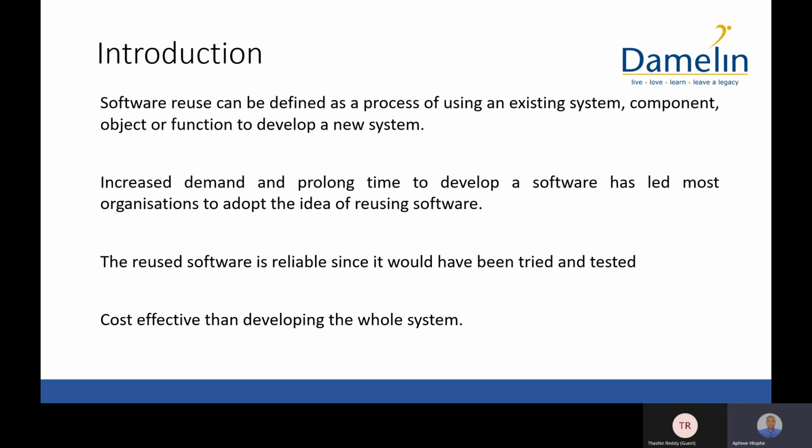When you're manufacturing anything, cutting corners seems to sound like a bad idea. But when it comes to software reuse, it's actually not that much of a bad idea. It's actually better. And I'll tell you why in the later slides.